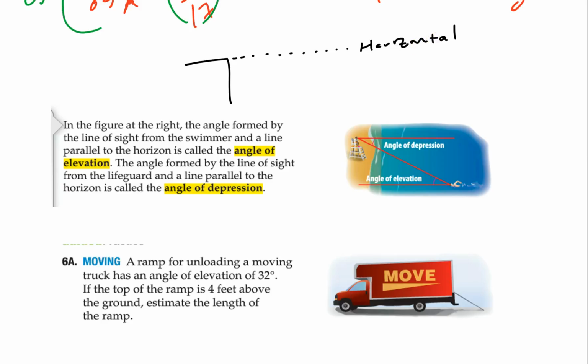Actually, most of the time I draw an eyeball to show you it's all about your perception here. So let's draw. Here's my eyeball. Anyway, there's a horizontal line, and the angle above that horizontal line is elevation.